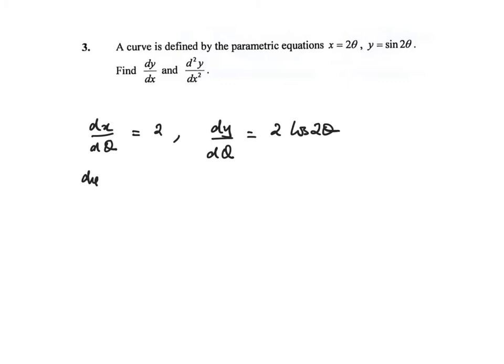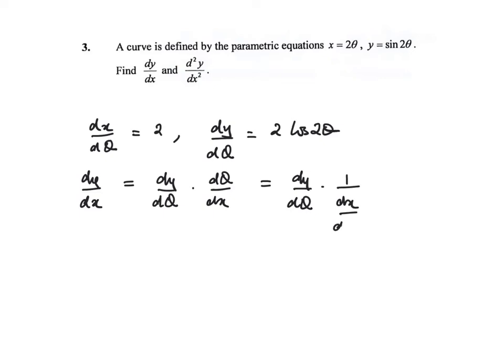So dy by dx is dy by d theta times d theta by dx, which is to say it's dy by d theta times 1 over dx by d theta. So dy by dx is 2 cos 2 theta times 1 over 2, and that gives us cos 2 theta.